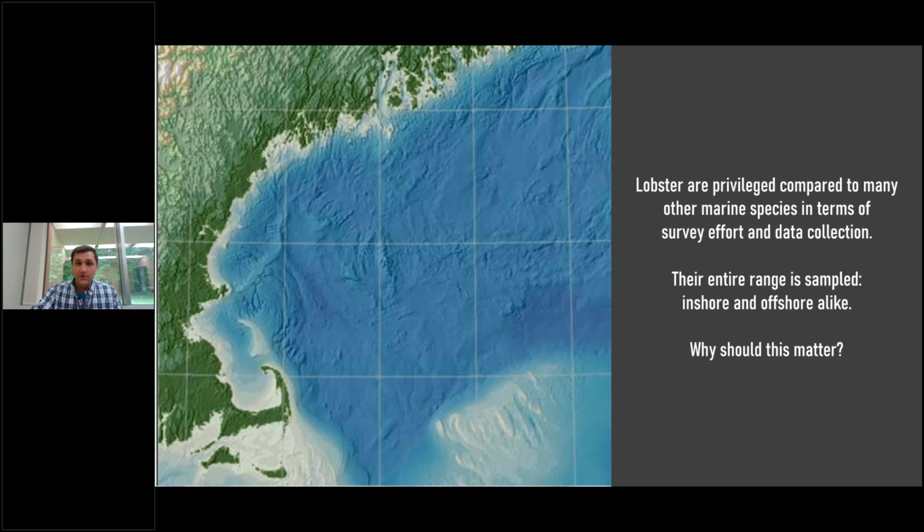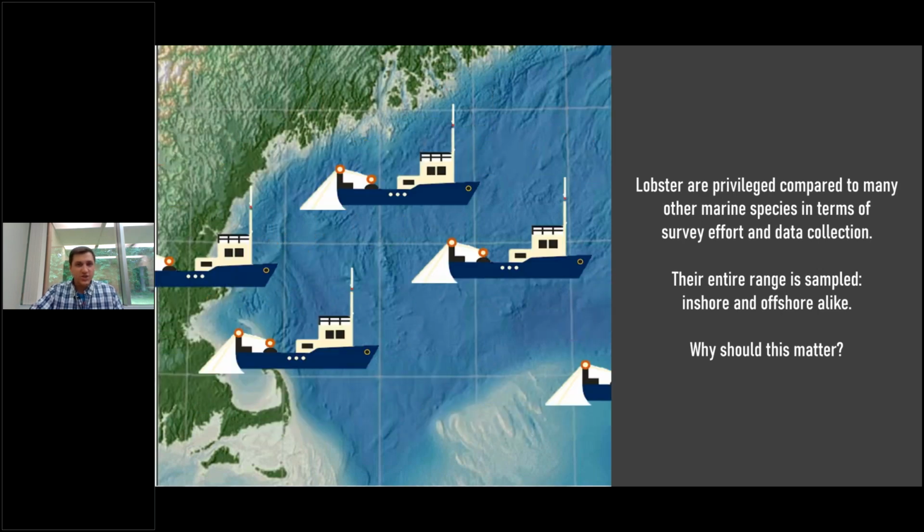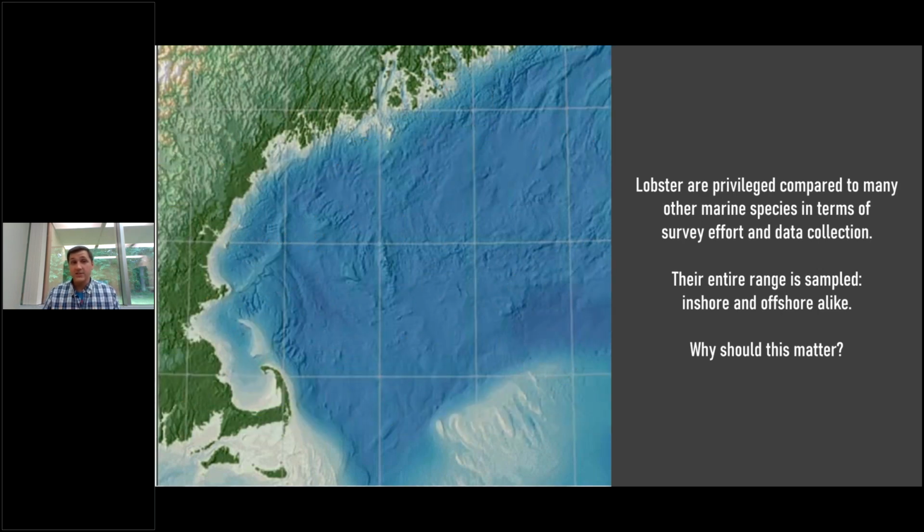Of the many marine species out there currently targeted and caught in fisheries, lobster have an incredible amount of data. In the Gulf of Maine stock area, there are virtually no gaps in survey coverage. Inshore areas, offshore areas, shallow, deep, they're all surveyed in one capacity or another. And the amount of effort over time is astounding, well beyond the available data from most other fisheries.